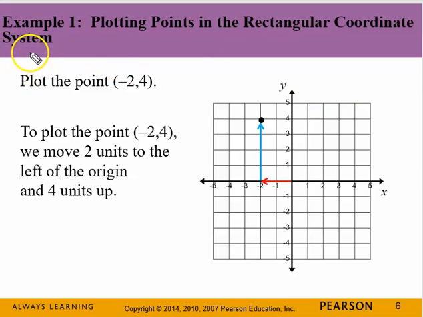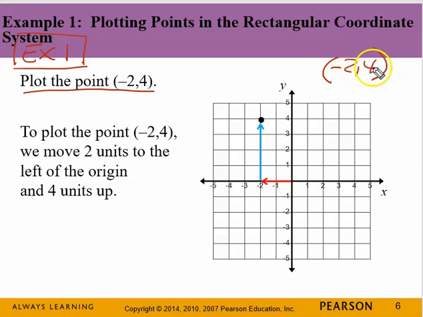You're going to label this next part example 1. And you could put a little box around it. So the statement is plot this point. So the ordered pair is -2, 4. And the protocol for doing that is, again, this is an x value and a y value.